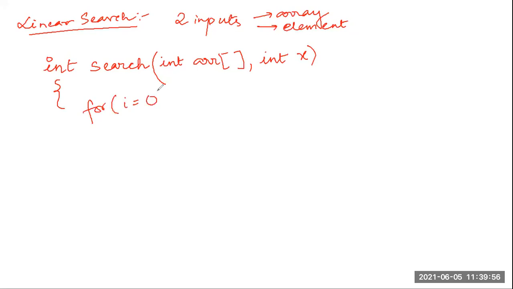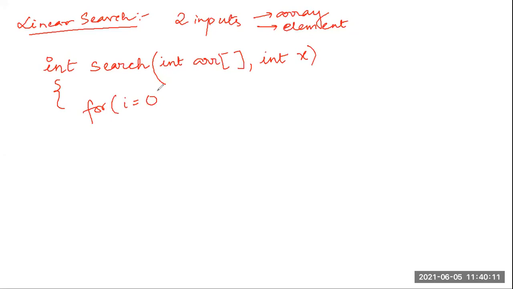Now remember, I am writing the algorithm. This is the way we write the constructs of an algorithm. I am not writing a C program, because if I write a C program, I will define i, initialize i, and all those things.